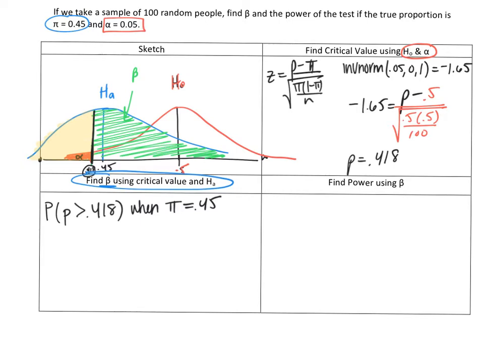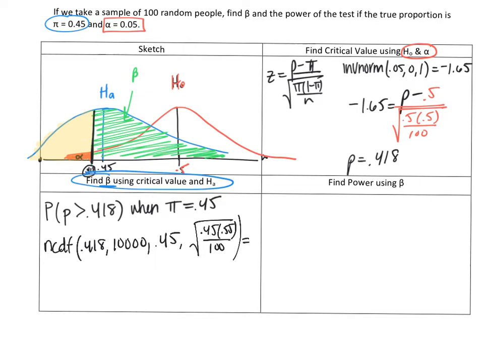So I'm just going to use normal CDF like normal. Normal CDF, got a lower bound of 0.418, an upper bound is something big, a mean of 0.45, and standard deviation is the square root of 0.45 times 0.55 over 100.